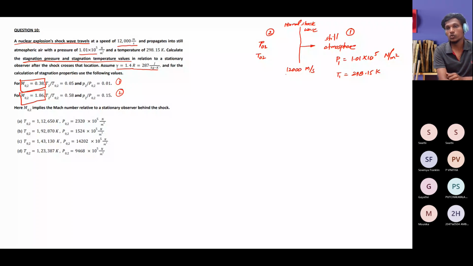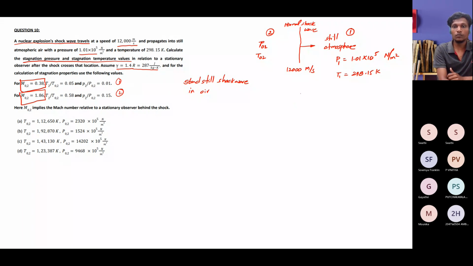But let us assume that this shock wave is standstill in some particular location in air. When we consider it in this way, in the perspective of a normal shock wave, what will we get?